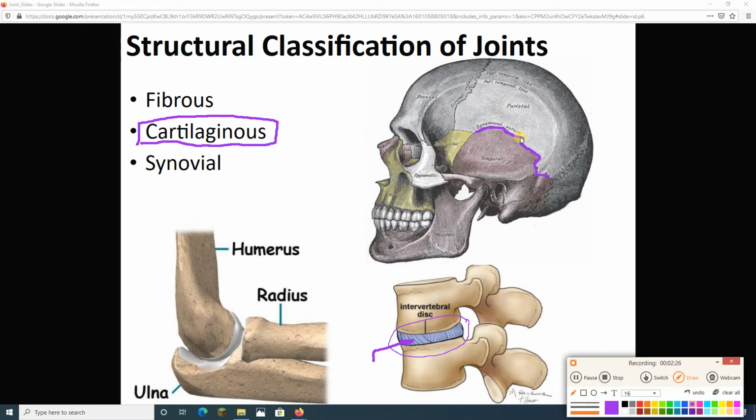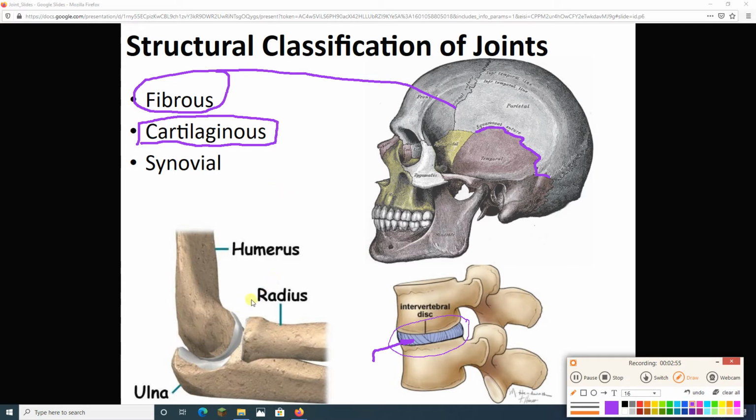It really isn't even a space. It's just collagen stitching these two bones together. And if it is collagen that is providing the connection, you notice I've avoided using a word here: collagen what? Collagen fibers, right? And so all of these sutures are going to be fibrous joints.